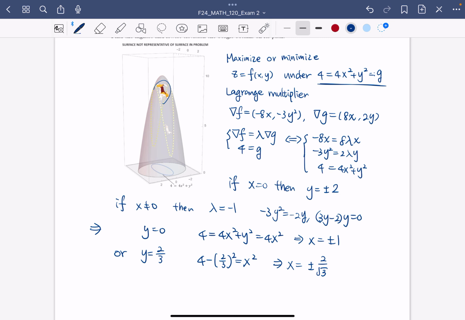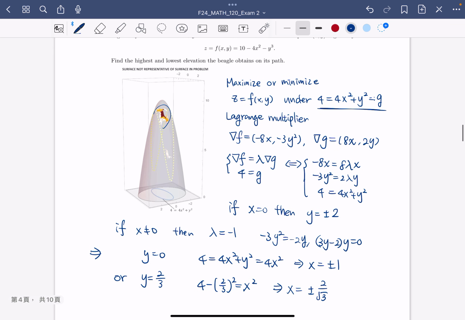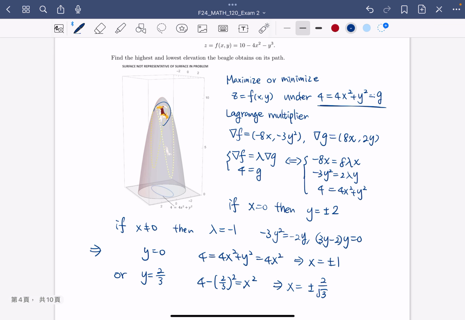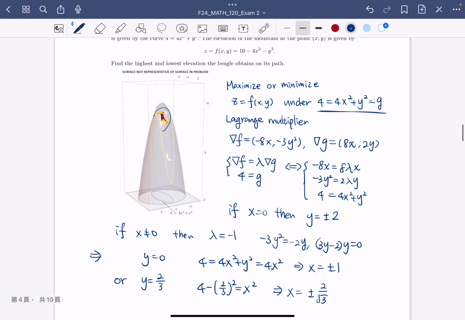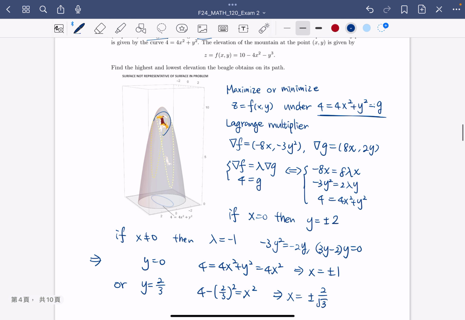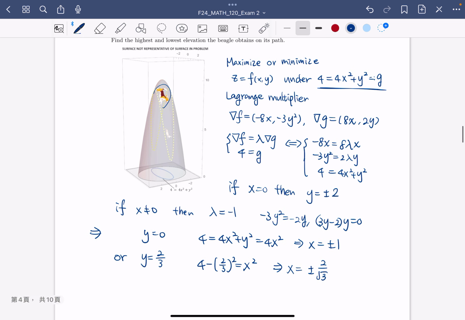So now we have different candidates of possible local maximum or minimum, and it's global under the restriction because, as we can see, the restriction right here is a bounded closed subset of the xy plane. So the maximum or minimum must be attained.